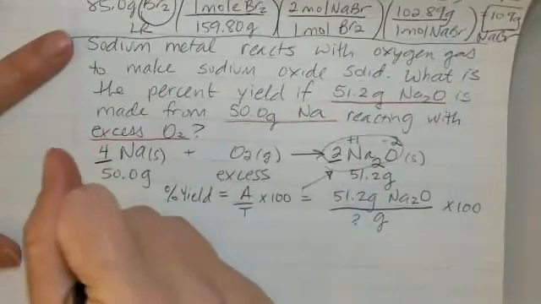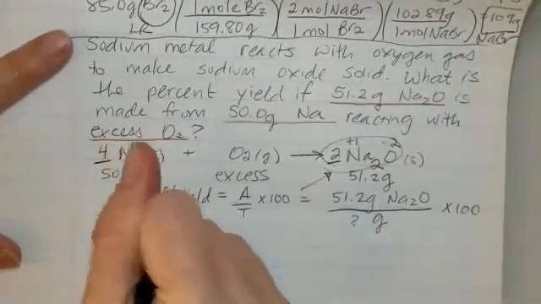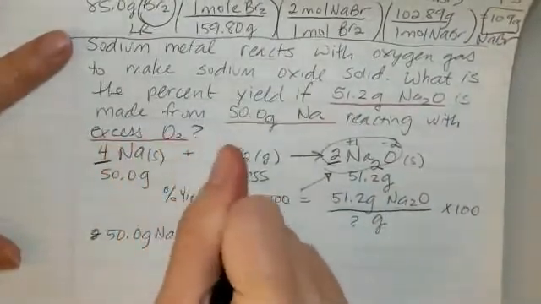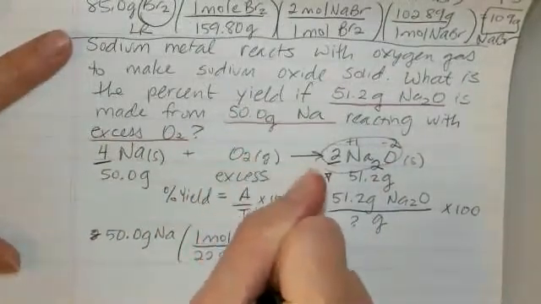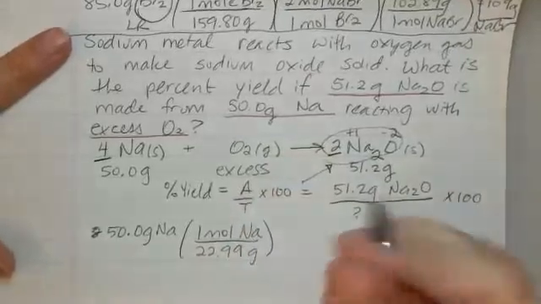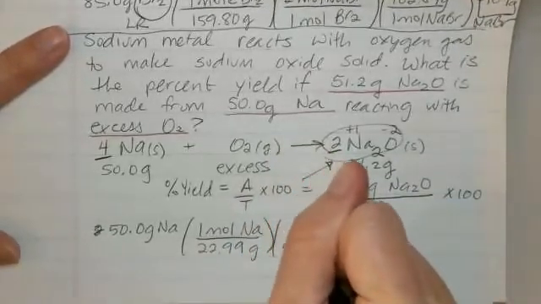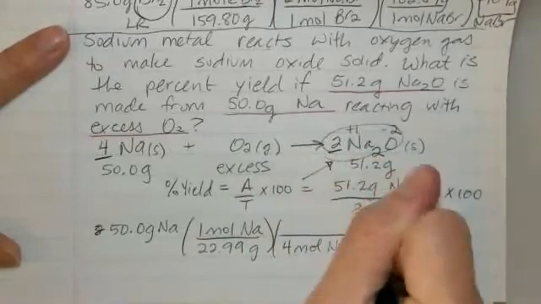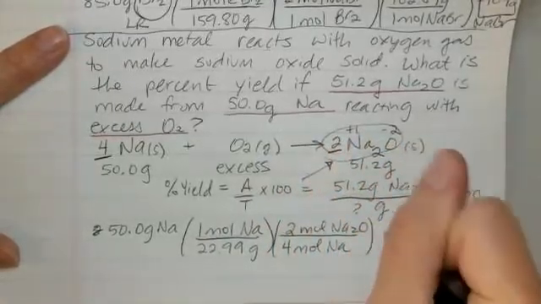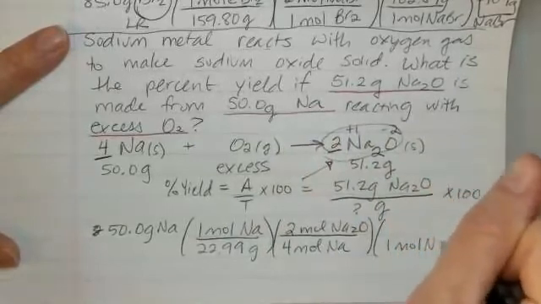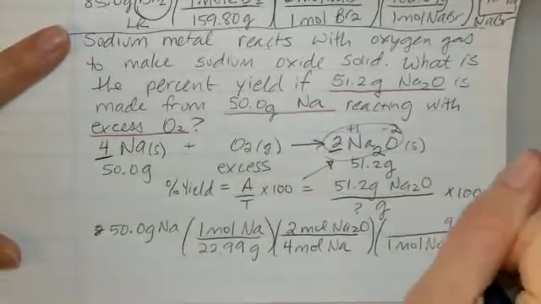So I've got my 50.0 grams of sodium. We're starting with that. We're going to go to moles first. So we need the molar mass of 22.99 from the periodic table. Next up is the mole ratio from the balanced equation. For every 4 moles of sodium, we're going to make 2 moles of sodium oxide. And then for every mole of sodium oxide, what mass do I have?